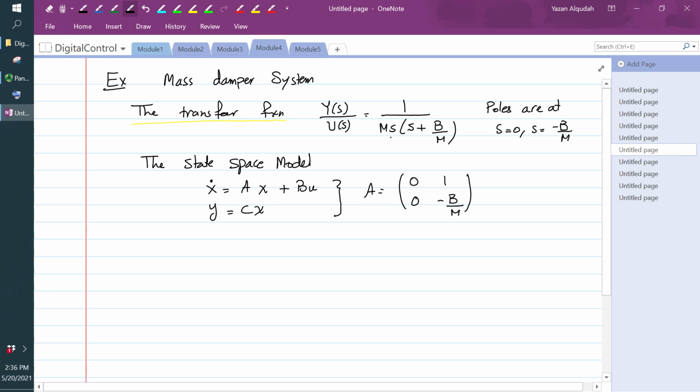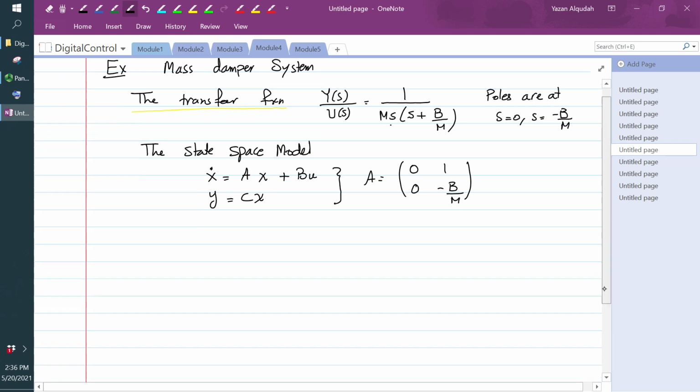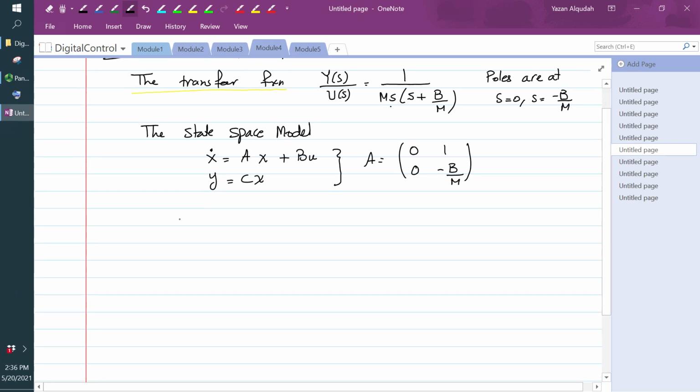This is the state space representation. Now what I'm going to do is calculate the eigenvalues of this matrix A. So I'm going to calculate the determinant of lambda multiplied by I minus A.